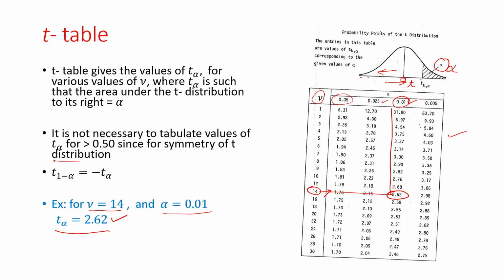So in a way, reading the T table is similar to the Z table that you have already studied. There are a lot of similarities in the calculation part also. Instead of calculating Z, we will calculate the T value here. The rest remains exactly the same, and instead of consulting the Z table, we will consult the T table.